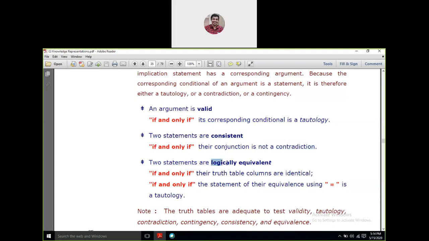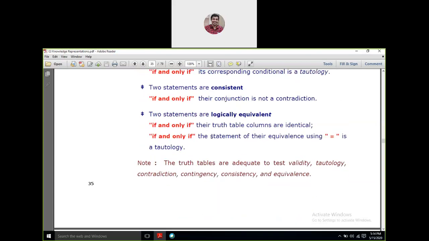And they are logically equivalent if I do have a double implication or equivalent statement, and it also is a tautology. If there are no contradictions at all, I call it consistent, and if they are all tautologies, I call it valid. So these are some of the categories, right?